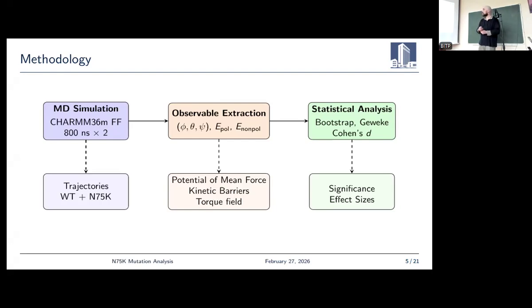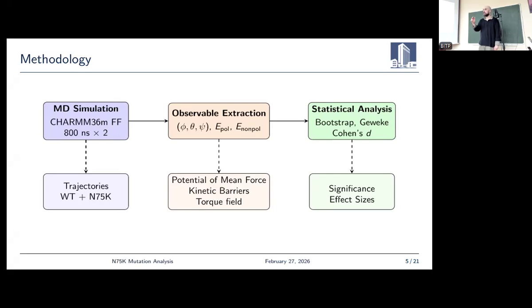So the observables in this case are three angles. The significant angles in this case are phi and theta, where psi is rotation along the own axis of the protein. The axis is the longest principal axis of protein.